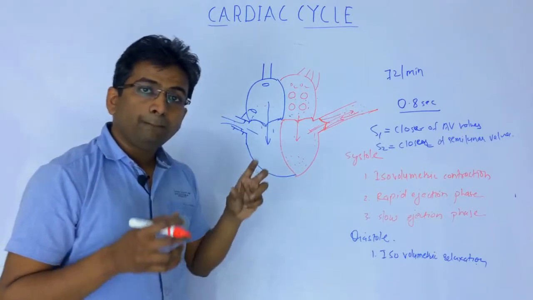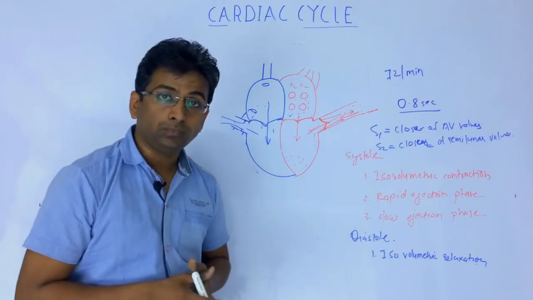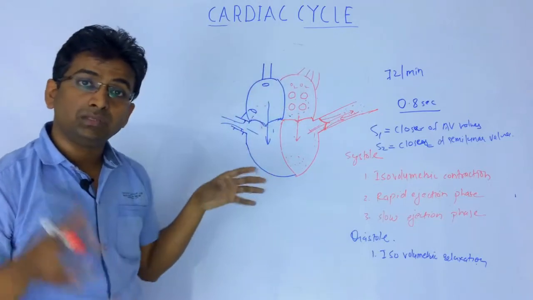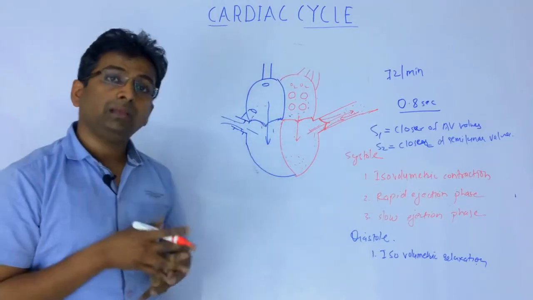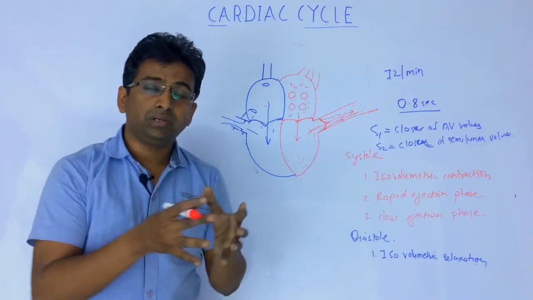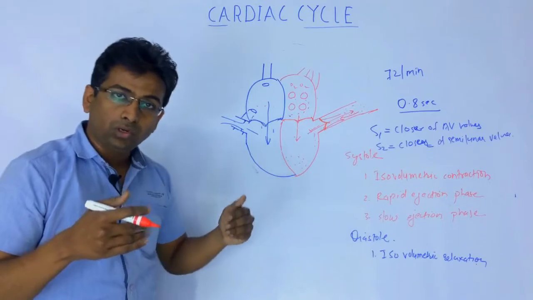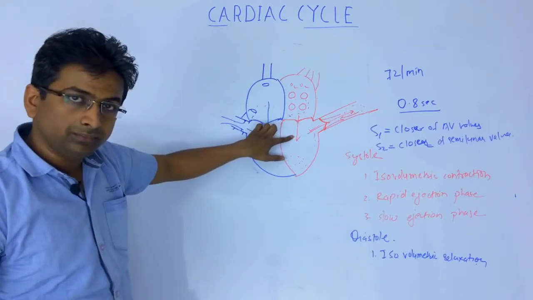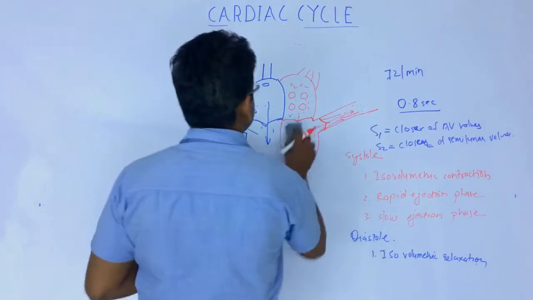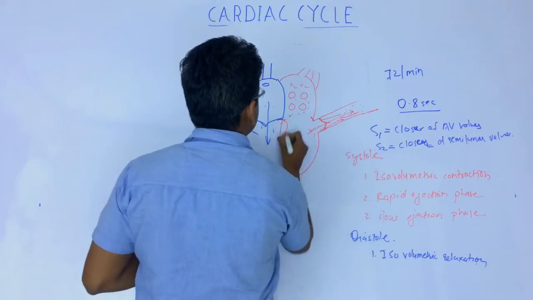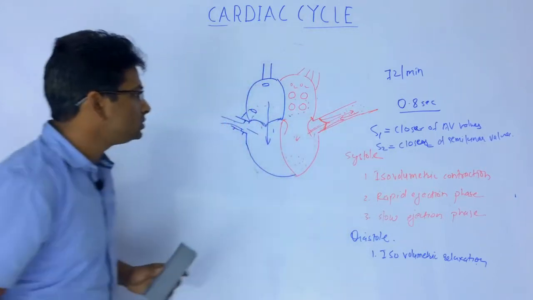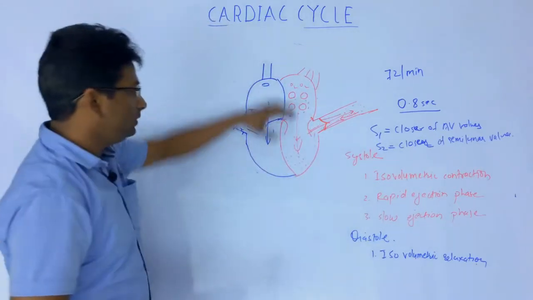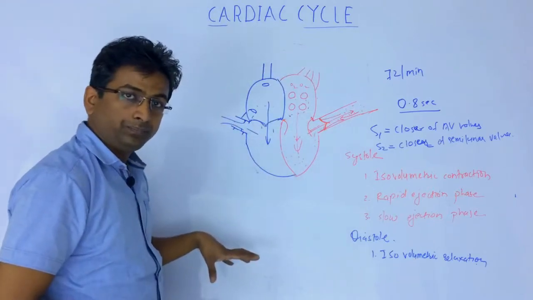Then at one point, the pressure inside the ventricle will fall below the pressure inside the atria. The atria have more blood, so their pressure is higher. Once ventricular pressure falls below atrial pressure, the AV valve will open and blood will gush from the atria to the ventricle, because the atria have more blood.